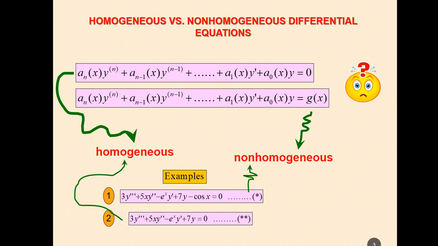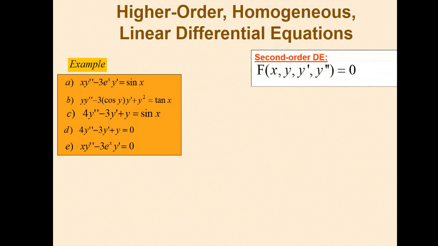So you have here 5 examples of second-order differential equations, which are functions of x and y and the derivatives of y. For this particular second-order DE, everything here is a second-order DE. Why? Because you have here the second-order derivative.